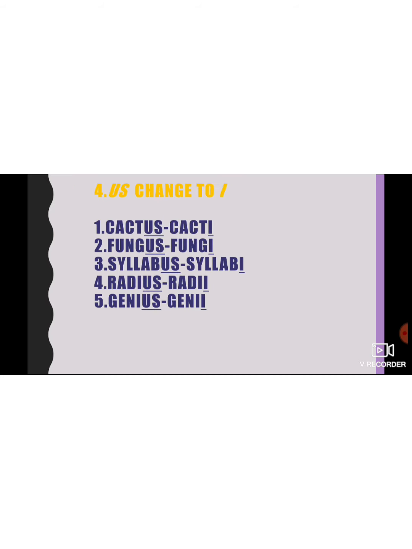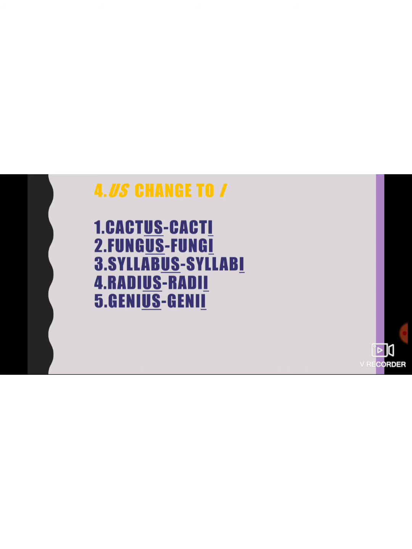Let's see the third rule: words ending in -is change to -es. For example, hypothesis, hypotheses. So -is changes into -es. Oasis, oases; crisis, crises. These are some examples. The fourth one: words ending in -us change into -i.